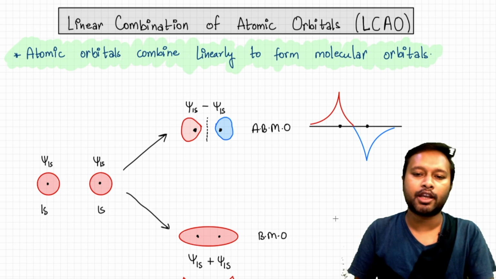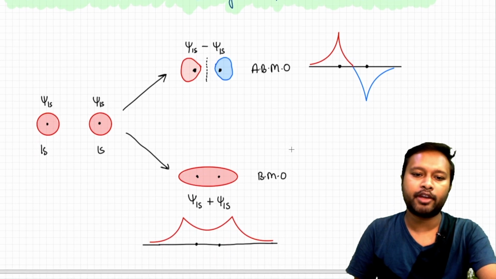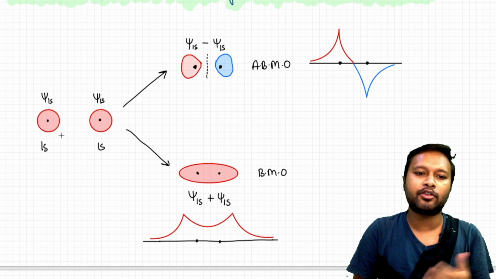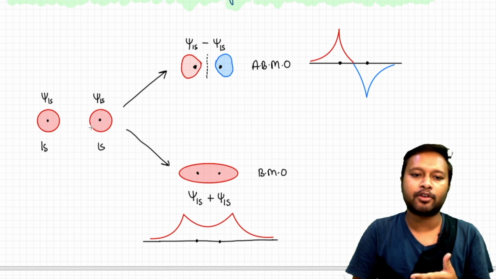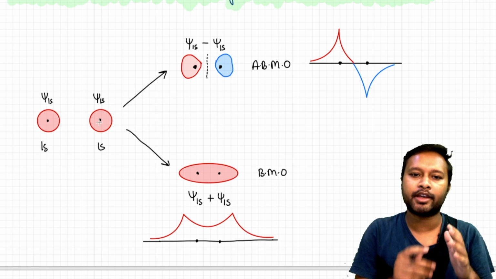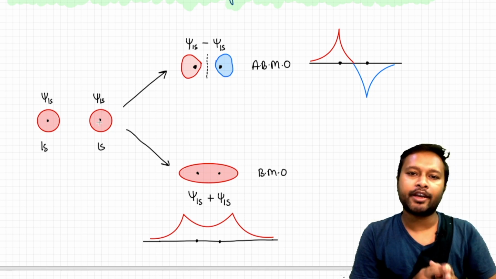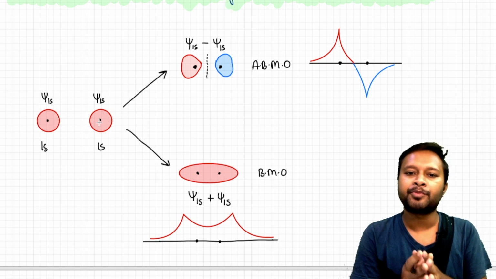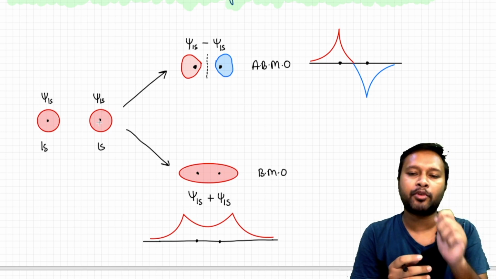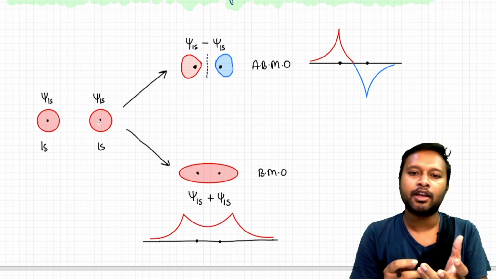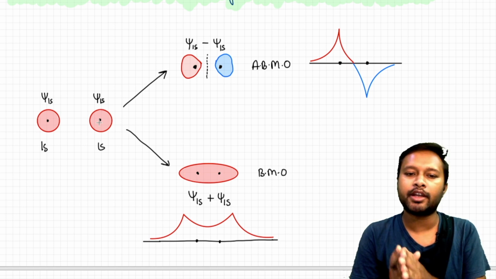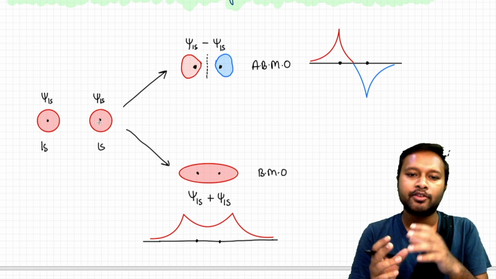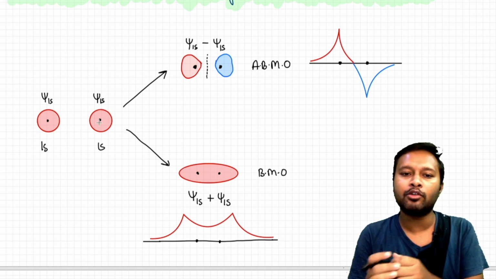Molecular orbitals can be bonding or anti-bonding. Now if you look at this diagram, here I have drawn 1s orbitals. These two 1s orbitals which you can see over here are shown by the red spheres. The red color of orbitals, wherever I show it in this whole video, signifies the positive lobe of the orbital, and blue color is going to show the negative lobes.